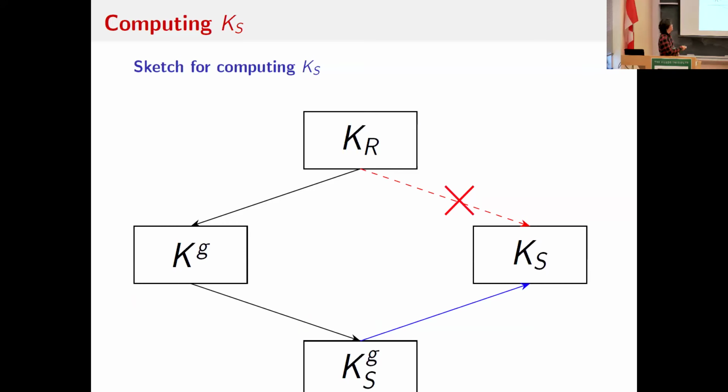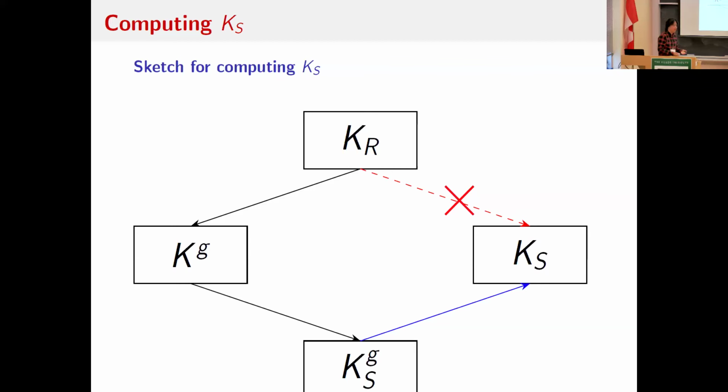As I told before, we cannot obtain the KS from KR directly. So first we compute the KG, and a piece of KR, and from this we can obtain a KSG. This is a piece of KS and KG. So we union this, and we can finally obtain KS.